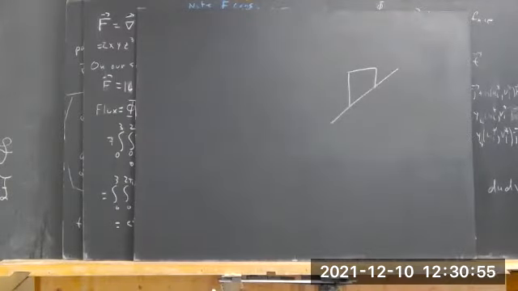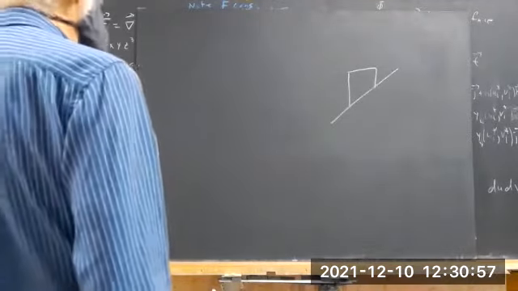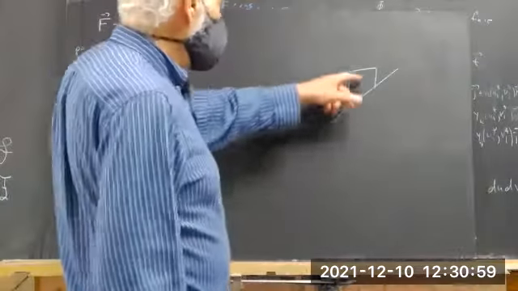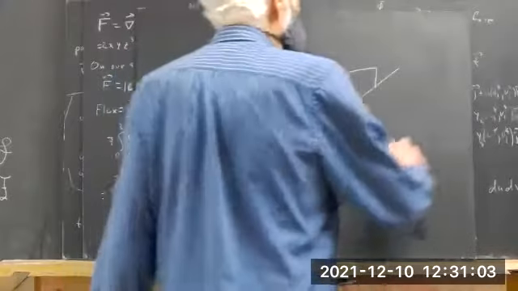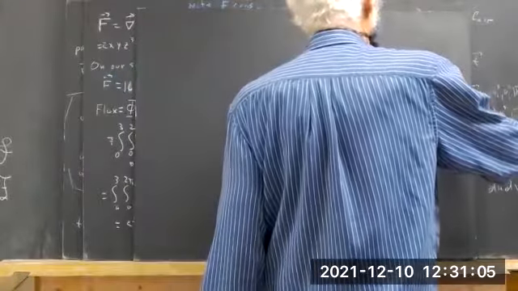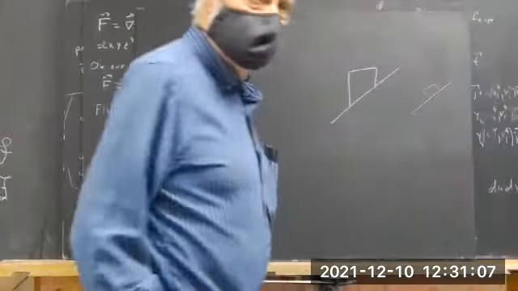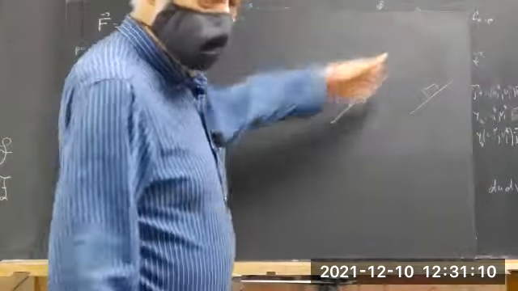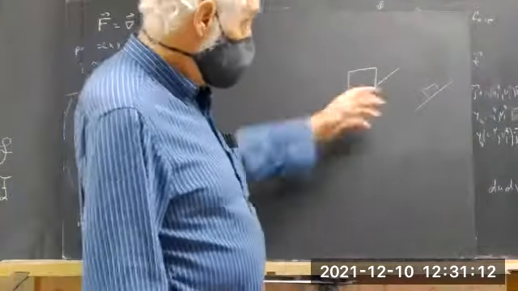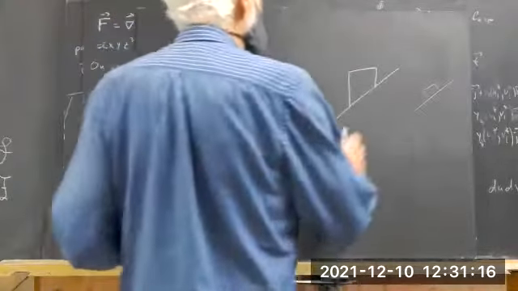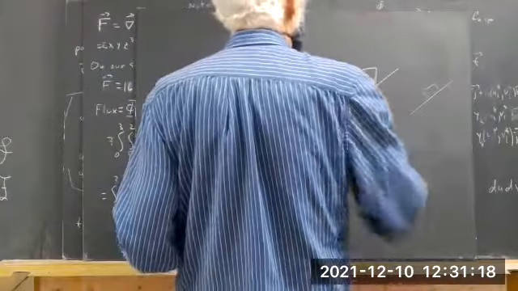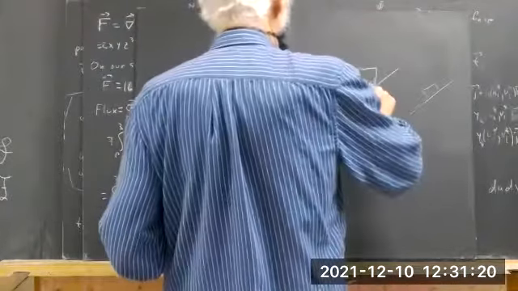Now we've got a question related to coefficient of friction. You have a block on an incline, which can be drawn like this, or like this. You can change the block so it matches the incline. The block has a mass either way.